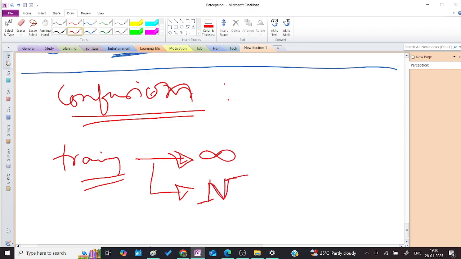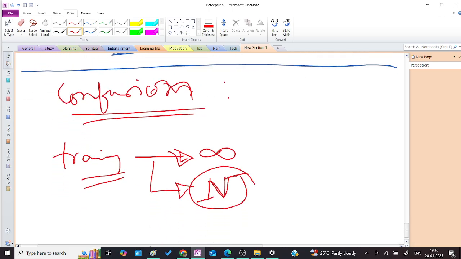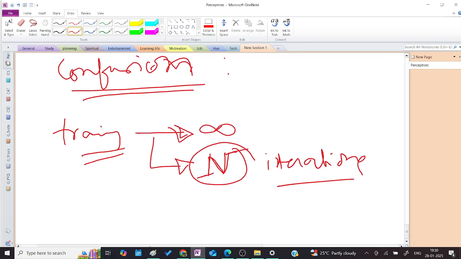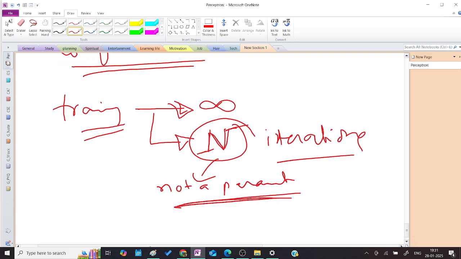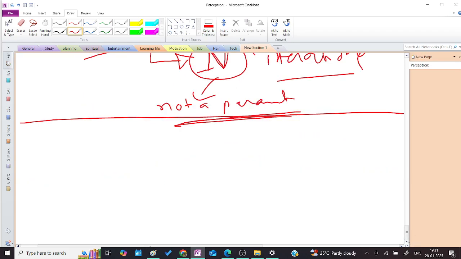Suppose n number of iterations, and then we cut our training. So here the capital N, that is the number of iterations, is not a parameter. So don't confuse.